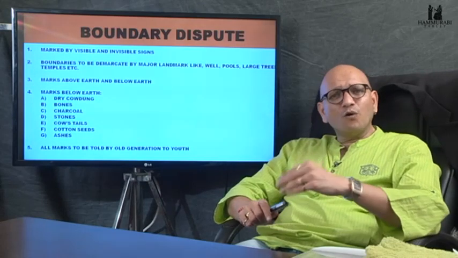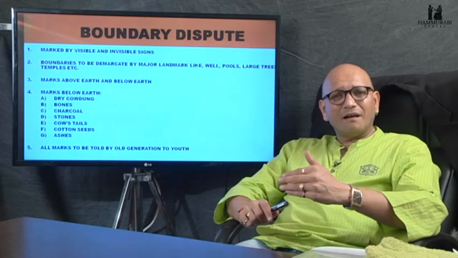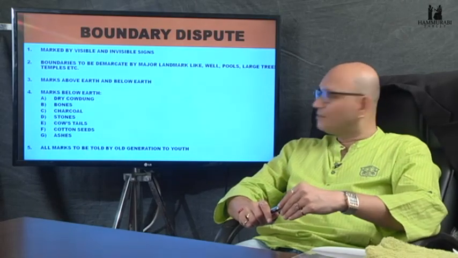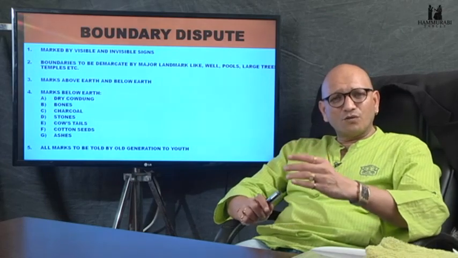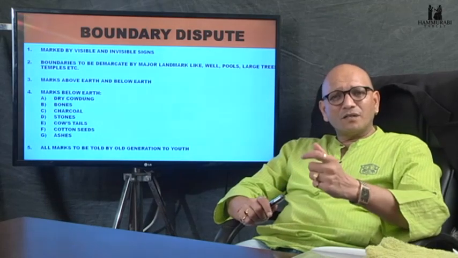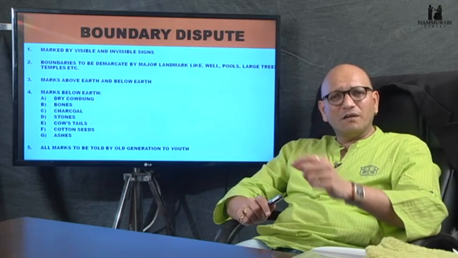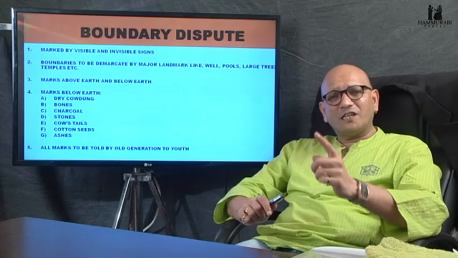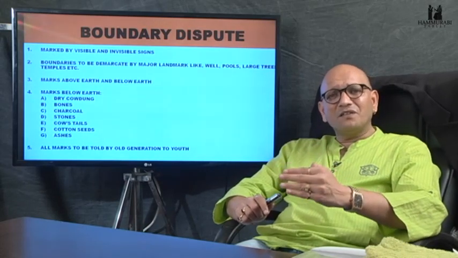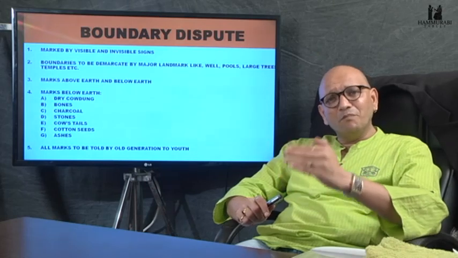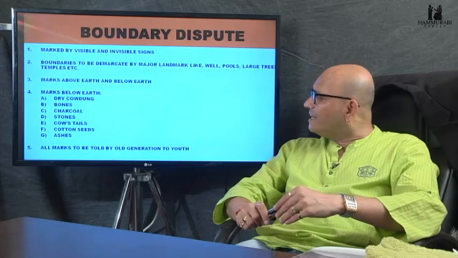Then charcoal. Charcoal has to be kept so that a boundary can be defined. Stones. The stones should be kept because a person may say, I have kept so and so stones here, you may find them, because that is my boundary. So these are some things which are invisible and hence to be kept below earth. Then we have cows' tails.